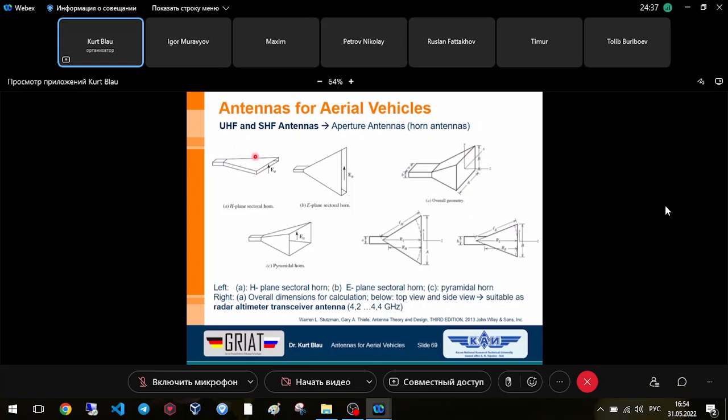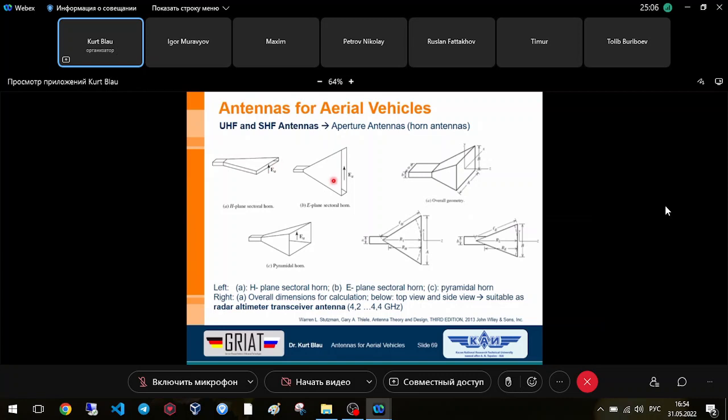This is in this case not important to understand the behavior of this antenna. Here you can see the H-field antenna, means in this direction the antenna is wide, it's larger, and here the dimension of the feeding waveguide is the same as here.